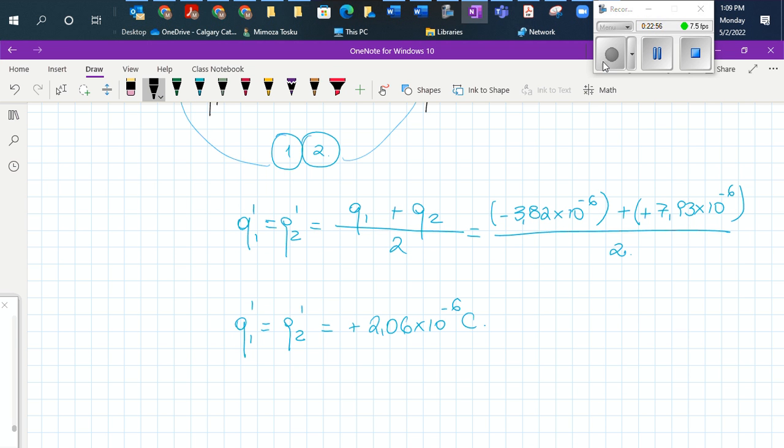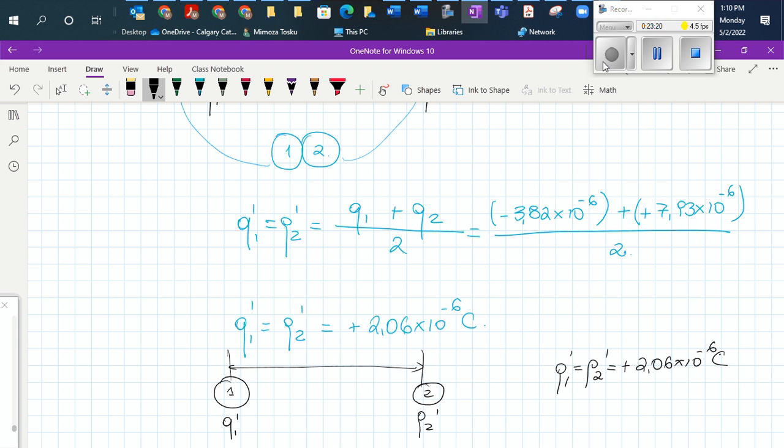Now you have two charges, Q1 and Q2, that are equal to each other at positive 2.06 times 10 to the power of negative 6, and are 15 centimeters apart from each other.